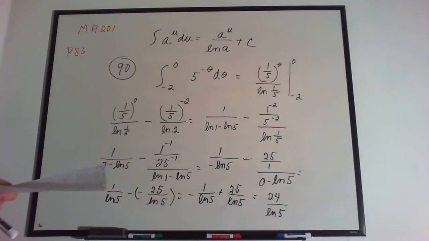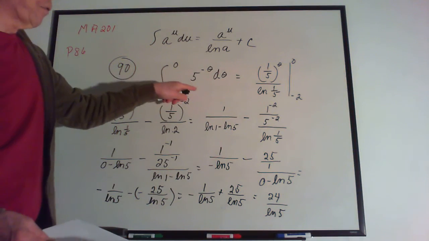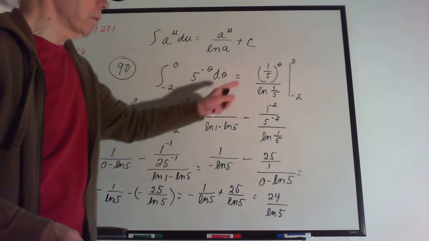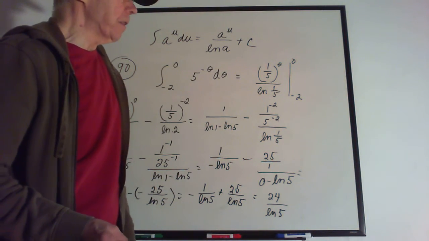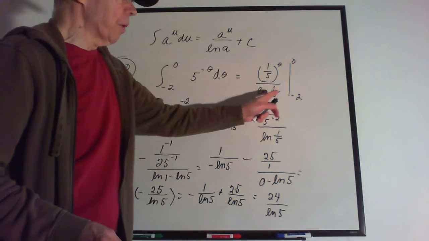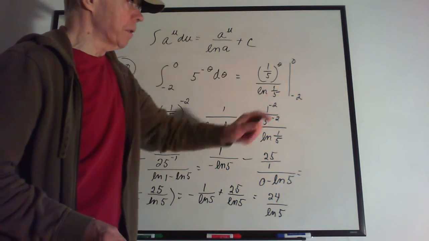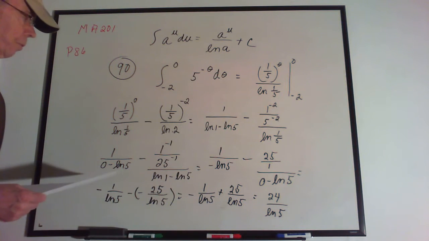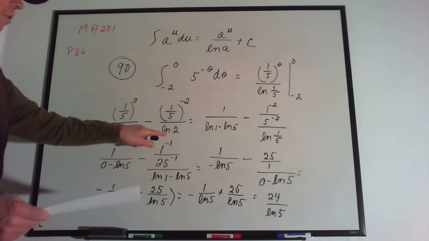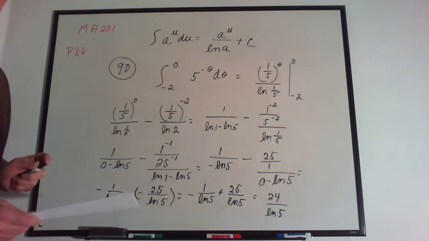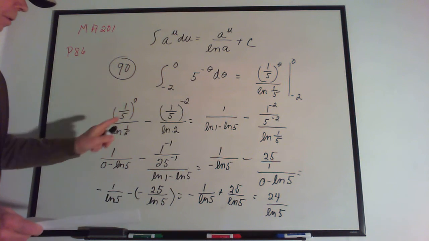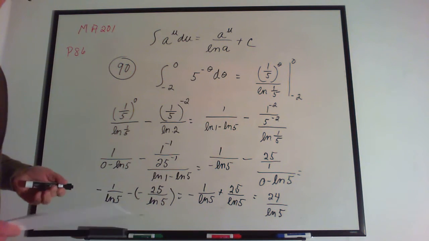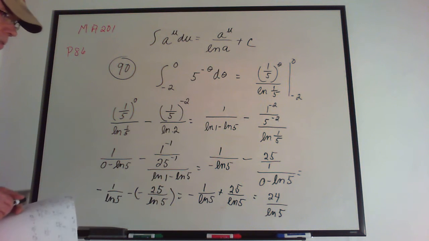One of your classmates wrote to me and asked why I made this natural log 0.2. So let's go over this. Integrated, I'm going to end up with 1/5 to the theta over natural log 1/5, with upper limit 0 and lower limit -2. I changed this to 0.2 because frequently in math problems, 1/5 is equal to 0.2, or 2/10.